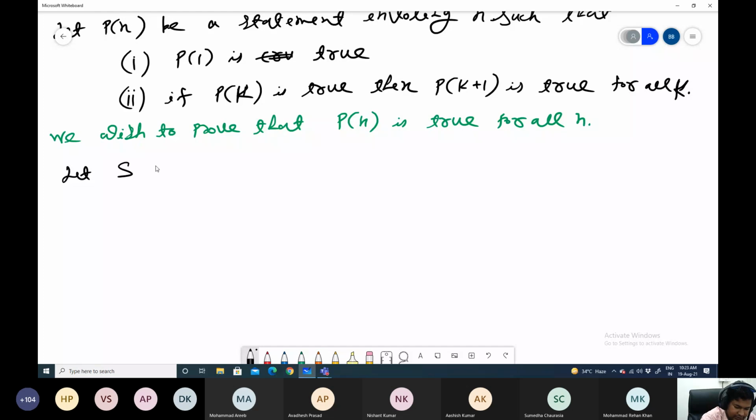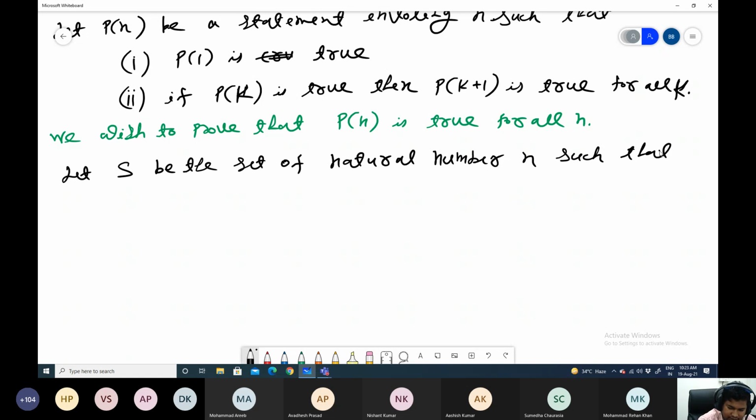Now let S be the subset of the set of natural numbers n such that Pn is false.